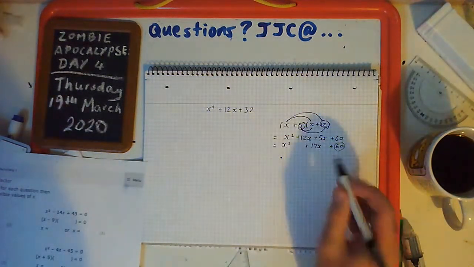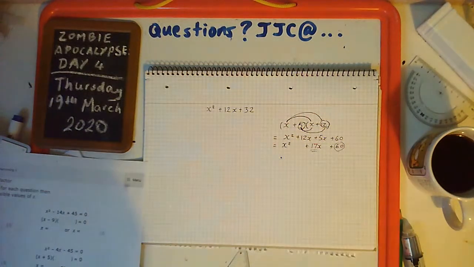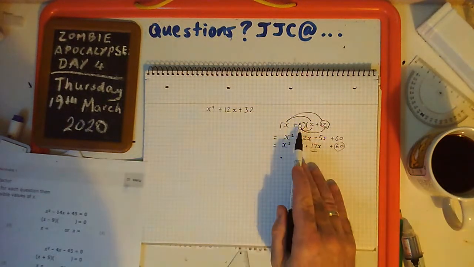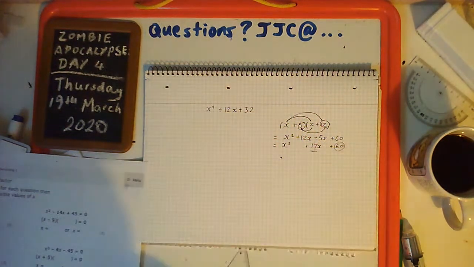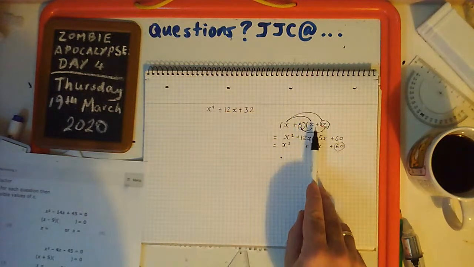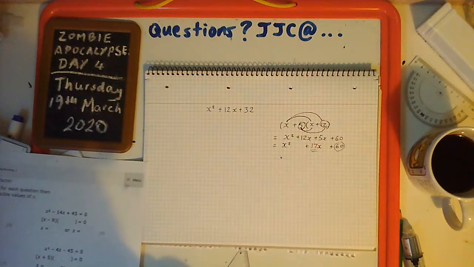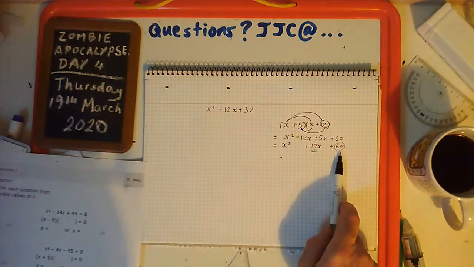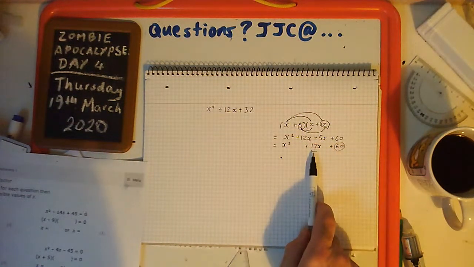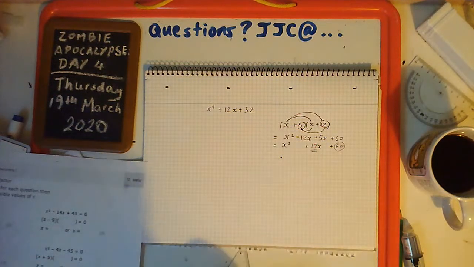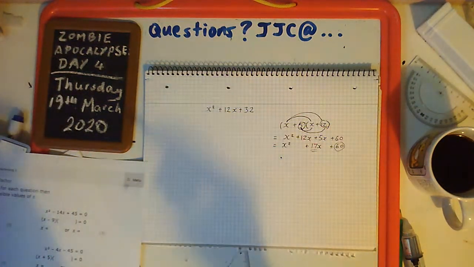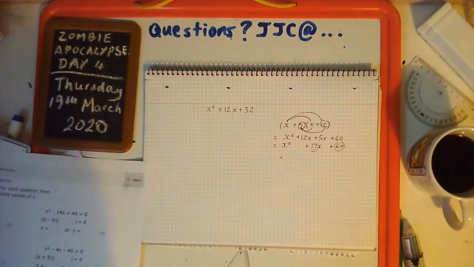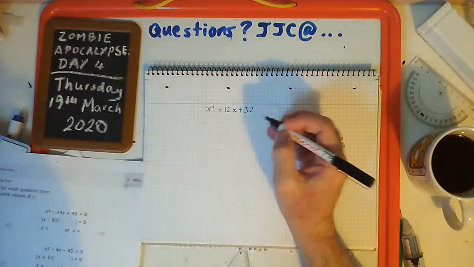The 17 in front of the x came from 5 plus 12, because we did 5 times x and 12 times x and added those together. So the 5 and the 12 are factors of 60 that add up to 17. Applying that process in reverse is the key to quadratic factorization.